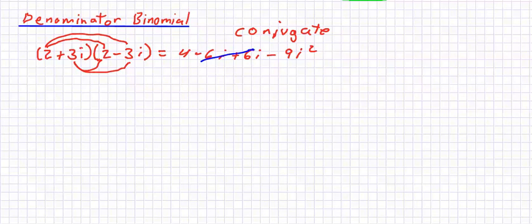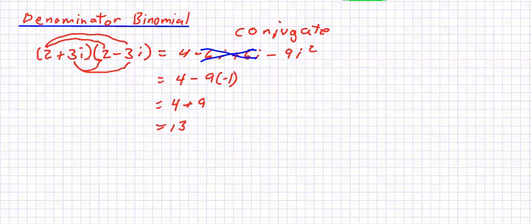The minus 6i and the plus 6i are opposites. They cancel, and we're left with 4 minus 9 times negative 1. Negative times negative is positive. 4 plus 9, or 13.